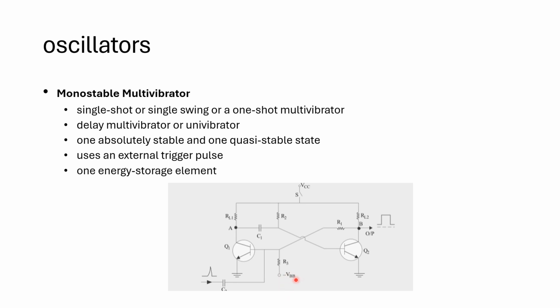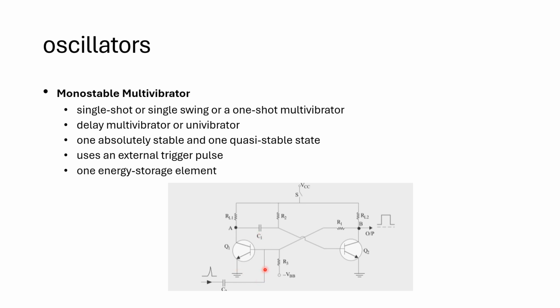So what breaks this negative VBB here? The presence of your trigger pulse. The trigger pulse must be greater than your negative VBB so that it can forward bias your Q1.